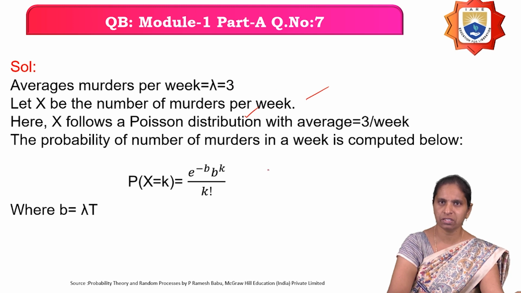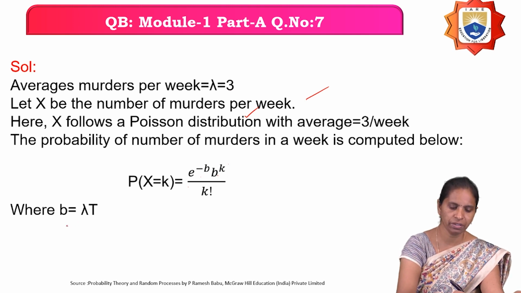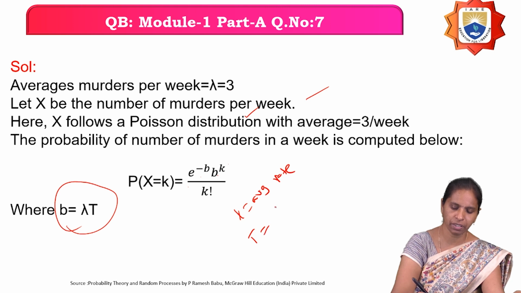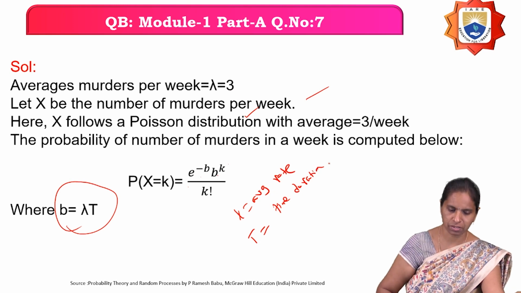Then for the Poisson distribution, P of x equals k equals e power minus b, b power k, by k factorial. What is b here? Lambda into t, where lambda is the average rate and t is the time duration of interest.